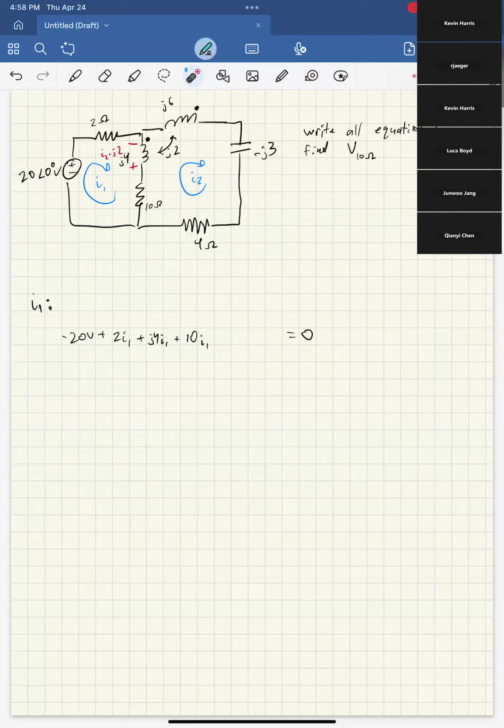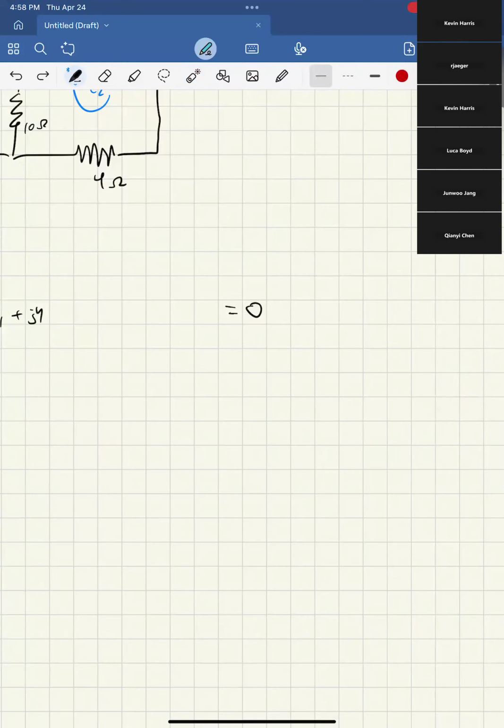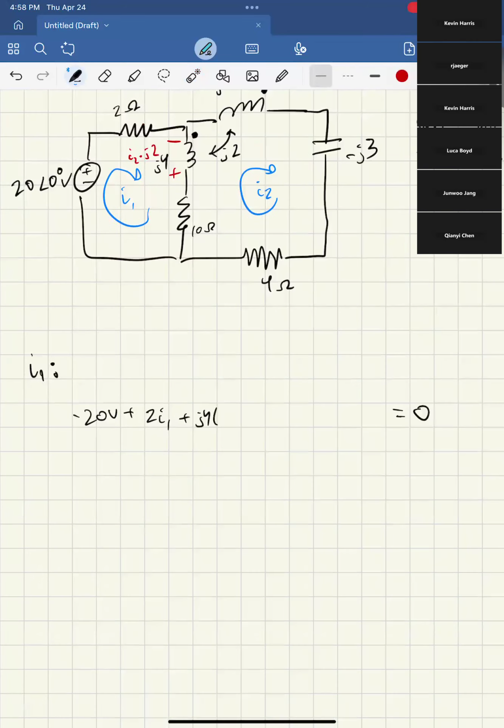Oh, also, I just realized I did this wrong because I forgot about I2. Sorry about that. This should be J4 times I1 minus I2. I'm sure someone was screaming at me in their head.